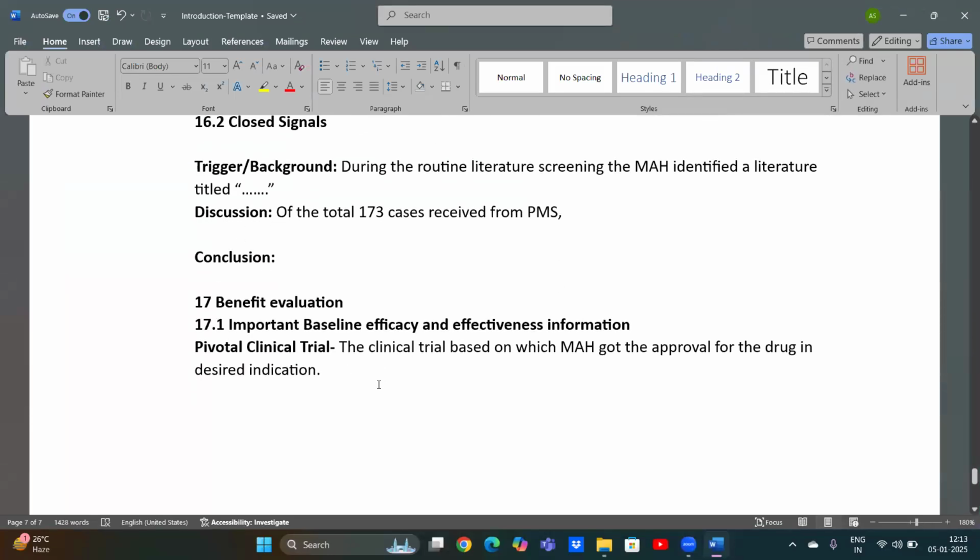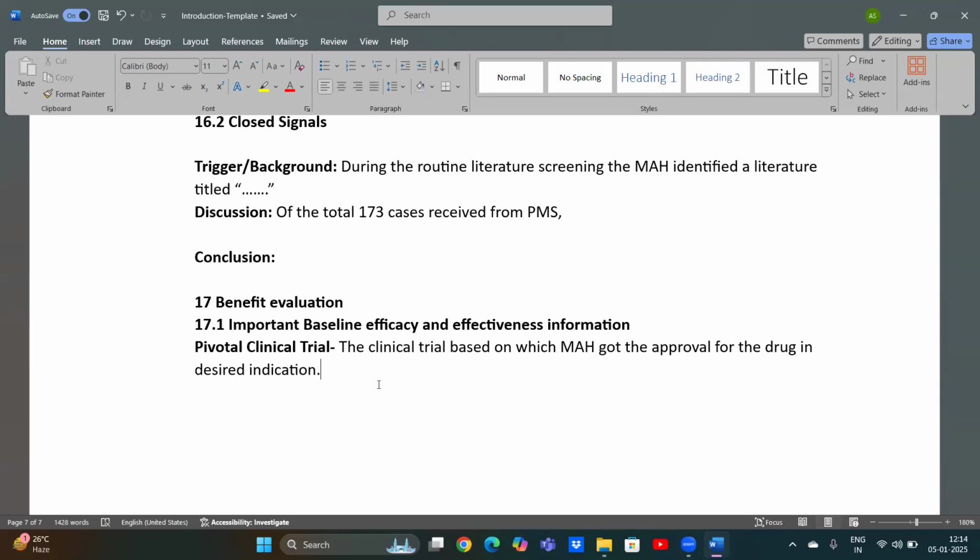So, important baseline efficacy. What happens? By baseline, whatever we mean is, suppose your reporting period for the PBER is 1st January 2024 to 31st December 2024. Then before that, by 31st December 2023, whatever information is available to you on efficacy and effectiveness will be your important baseline efficacy.